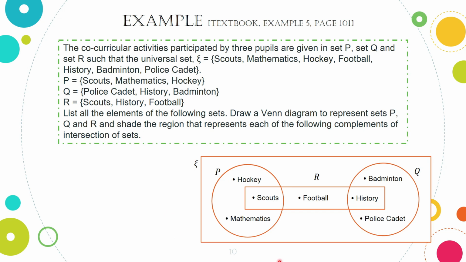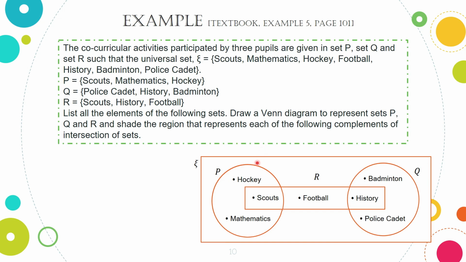This is the Venn diagram that I have drawn. You can use another shape to represent the sets. You can use a triangle or pentagon or any shape that you want, but in this Venn diagram I'm using this kind of shape.